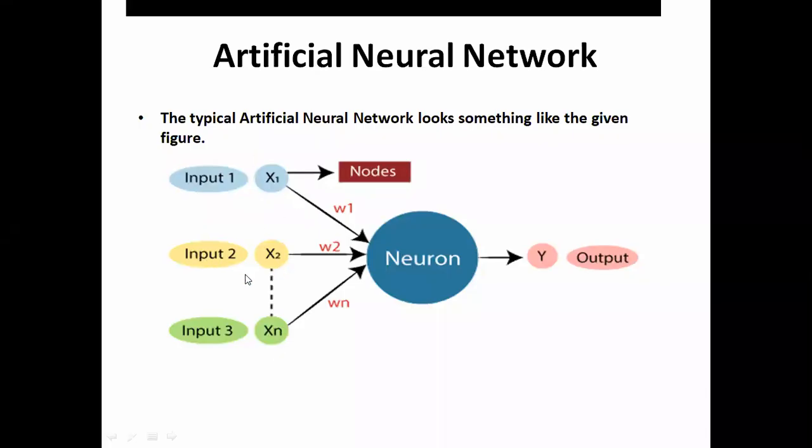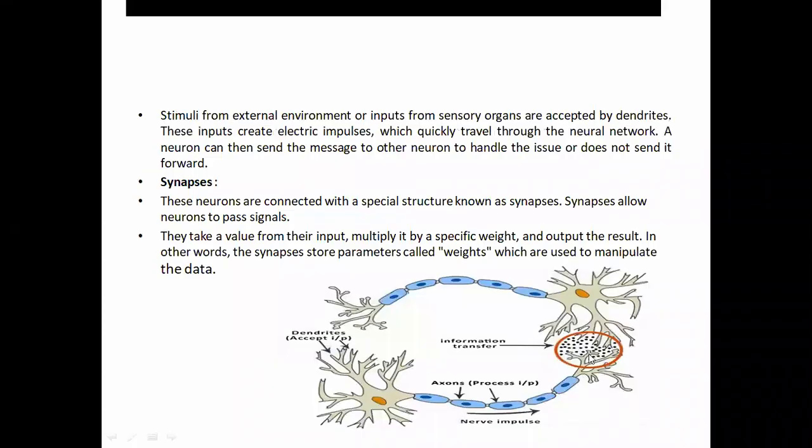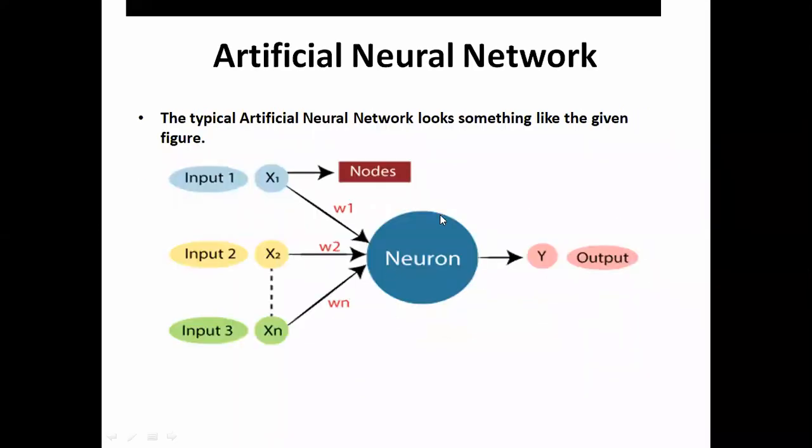So you can say these are the dendrites that are accepting the input going to these nodes. Then some weights are being added to these inputs by the synapses, and then it is going to the neuron. The neuron is processing that information and giving you the output. That is the simplest structure of ANN. This is called a perceptron. That will come later on.